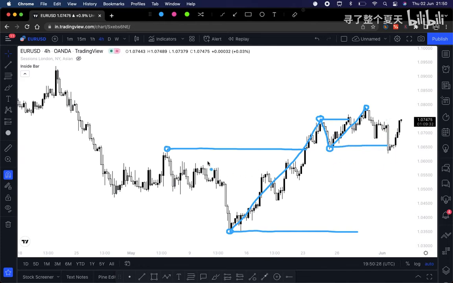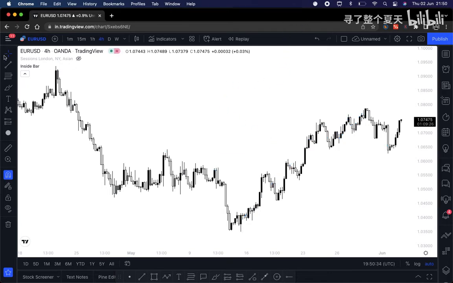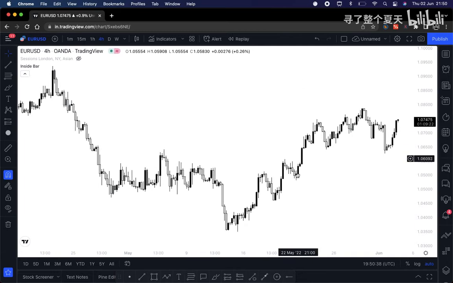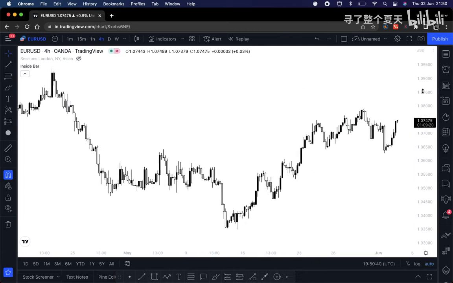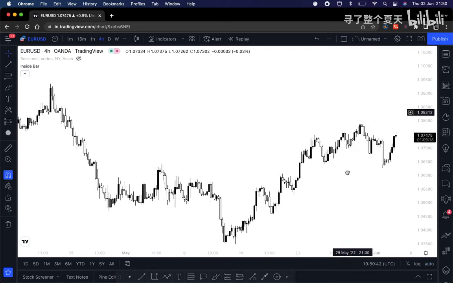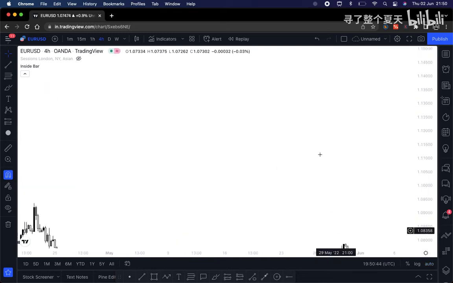But another thing, guys, I did mention that yesterday, right? What you need to understand is that when you get a trend change, it doesn't necessarily mean that price will immediately change.